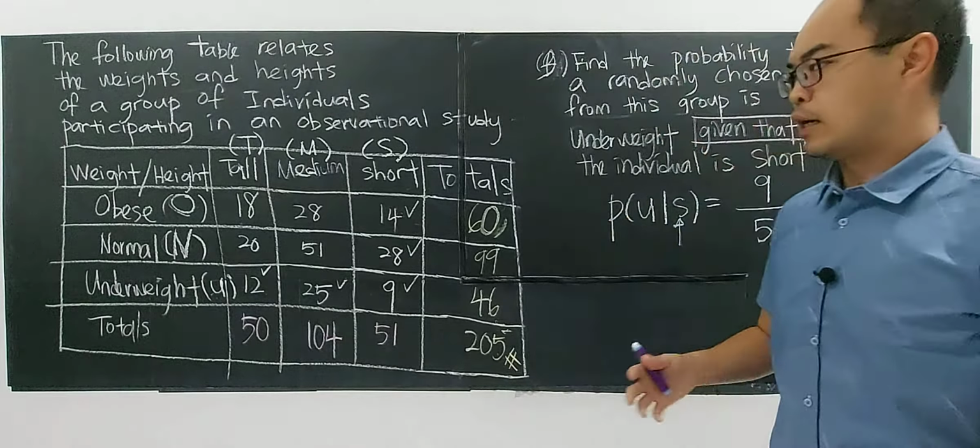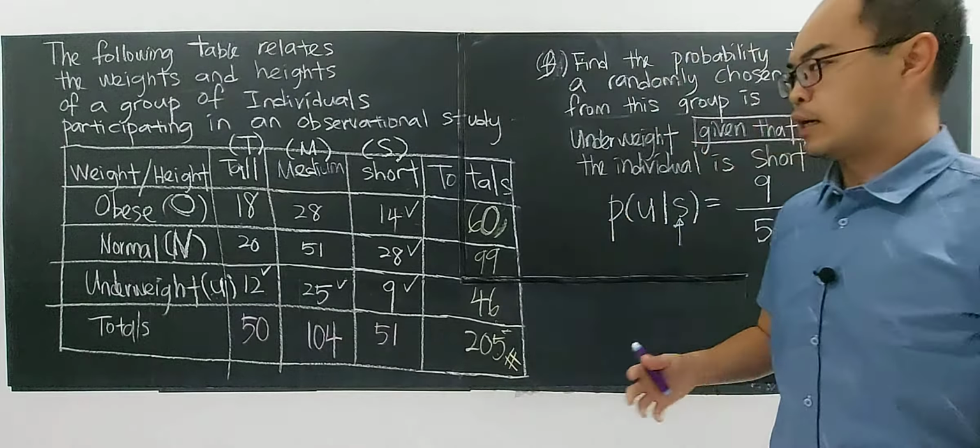Okay, let's look at this final question. Are the events obese and tall independent? Before that, I have to review what is meant by independent.